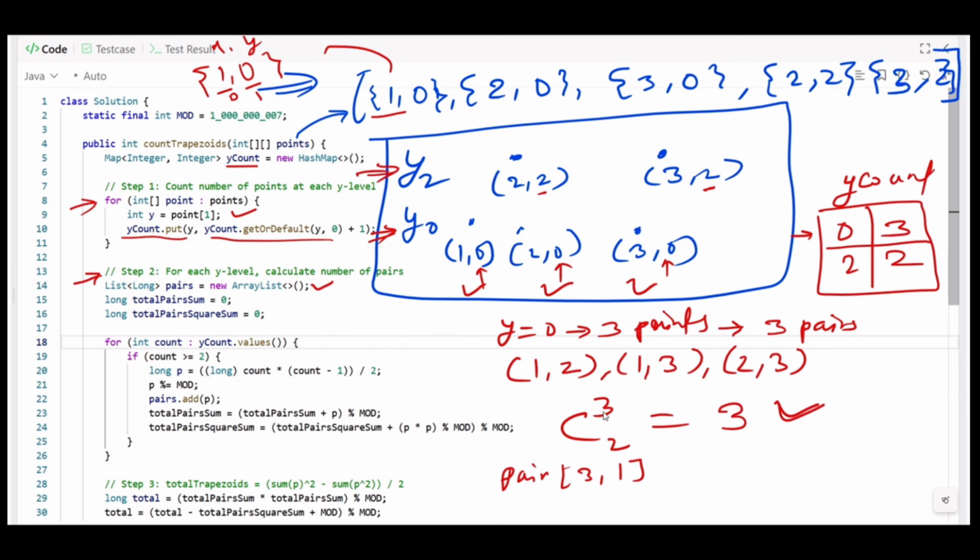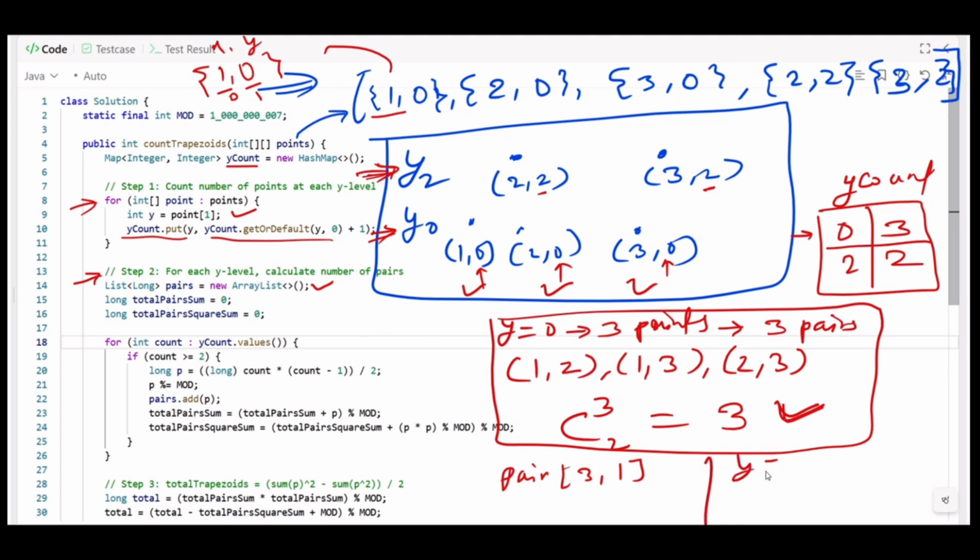When we have y equal to 0, we got 3 points here, right? Similarly, when we check for y equal to 2, how many points will you get? 2 points. Let me write here. When y equal to 2, 2 points are there.